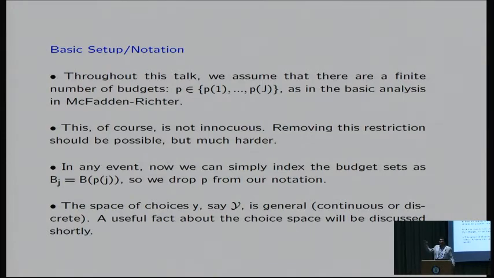Price data is annual, so it's finite, whereas income data is of course a continuum. So it's a little odd to say that there are a finite number of P's, but in reality what we do is take something like median income of each year.